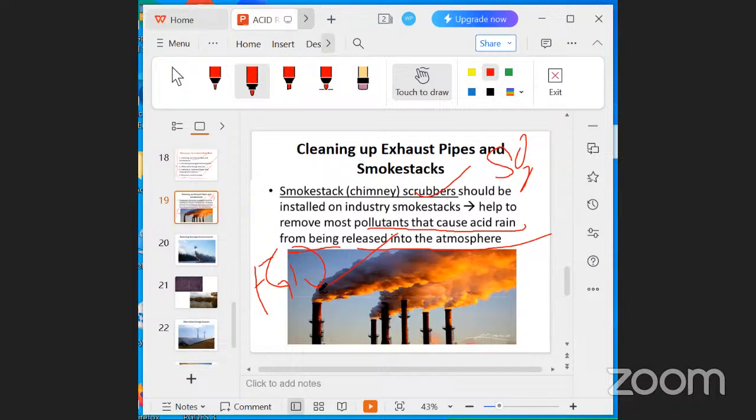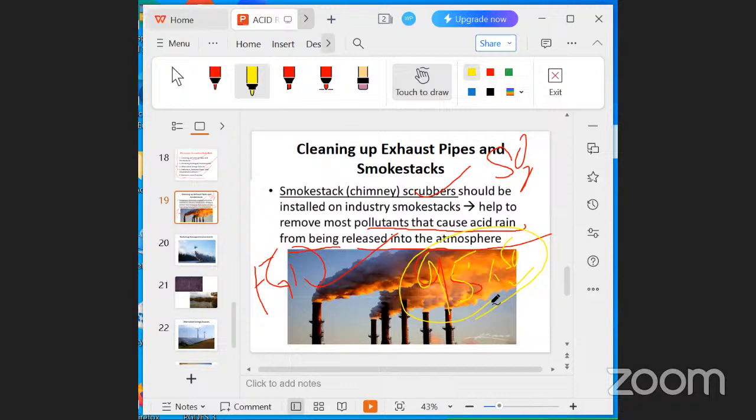It typically works to chemically eliminate sulfur dioxide from the gases leaving smokestacks, and it can eliminate up to 95% of sulfur dioxide gases. Remember, 95% of sulfur dioxide gases can be eliminated.